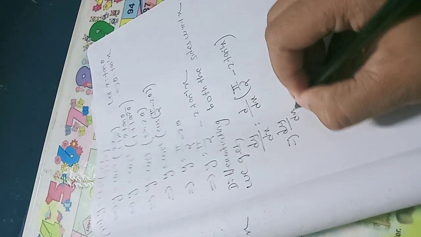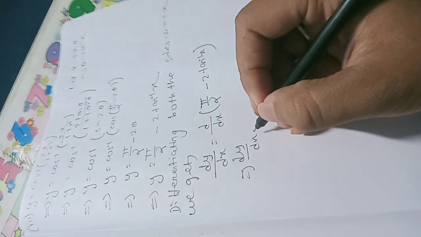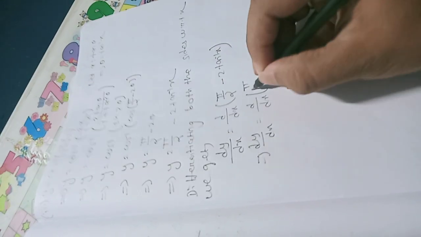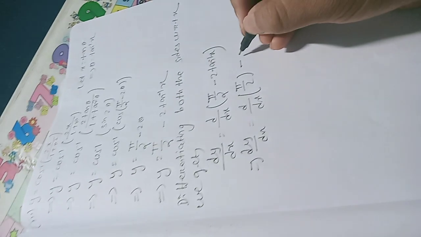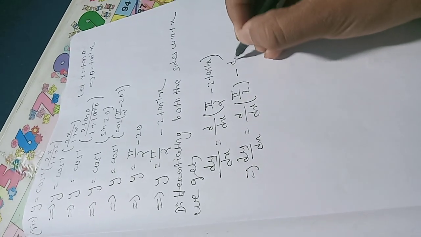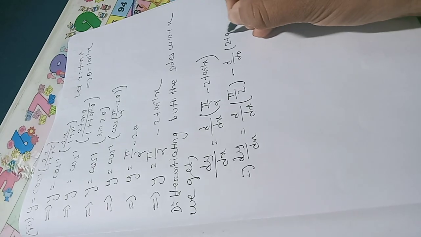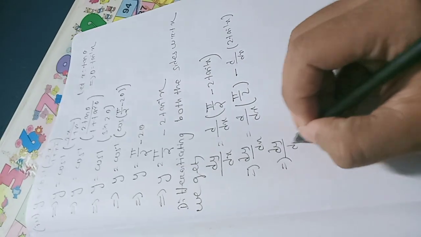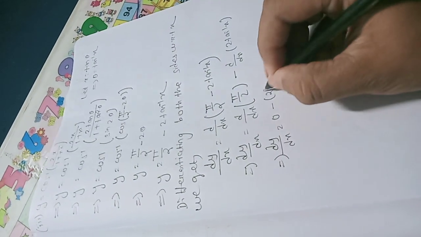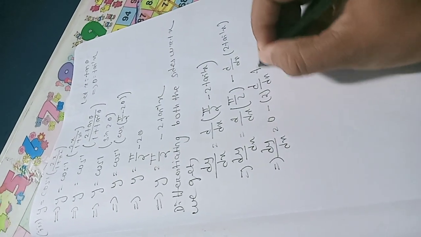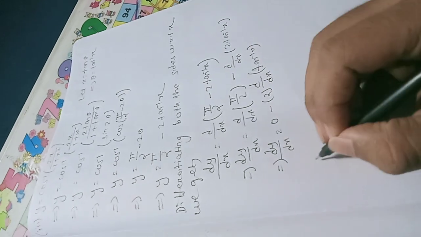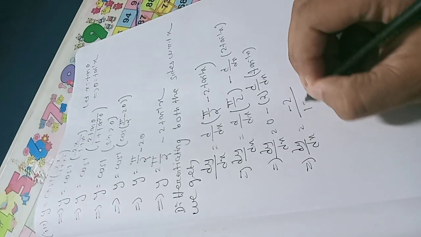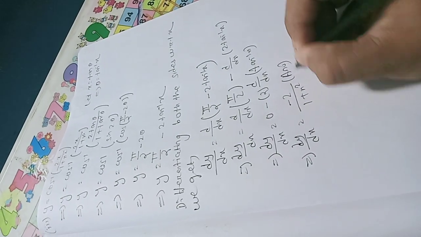So dy upon dx is equal to dy by dx of pi by 2 minus dy by dx of 2 tan inverse x. So dy upon dx is equal to 0, 2 comes outside, dy by dx of tan inverse x. Dy upon dx is equal to minus 2 by 1 plus x square. This is the final answer.